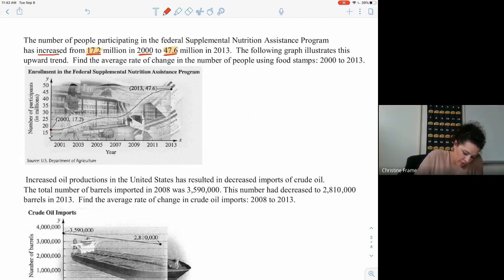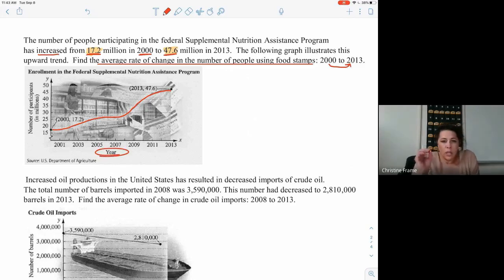Okay, it says the following graph illustrates this upward trend. And as you look at this graph, you can kind of see that it's not really linear, but we're going to look for the average rate of change in the number of people using food stamps from 2000 to 2013. So a couple things to note. First of all, the year is our x-axis, okay?